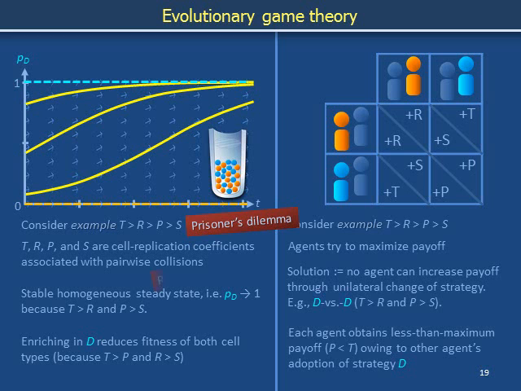On the left, we studied the dynamics of cells replicating according to fitnesses that depended on how often different cells collided with each other. On the right, we considered individuals trying to maximize payoff. We may regard this as a basic element of business sense or so-called rationality. On the left, we found an evolutionarily stable strategy.